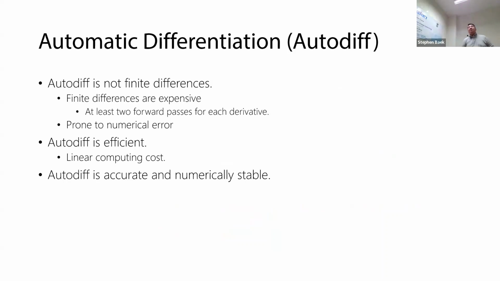So AutoDiff, a few remarks. AutoDiff is not a finite difference or numerical derivatives. Same thing as the backpropagation. In the backpropagation, we saw that backpropagation is strictly the chain rule. We're not approximating anything.